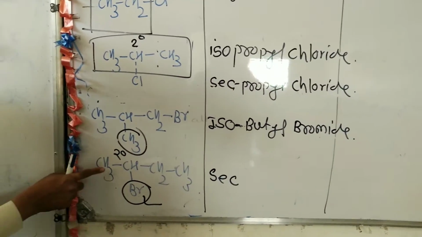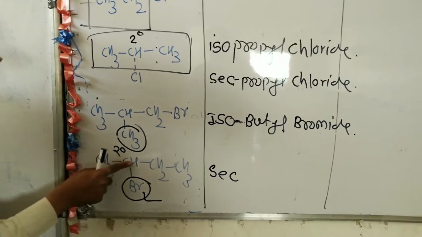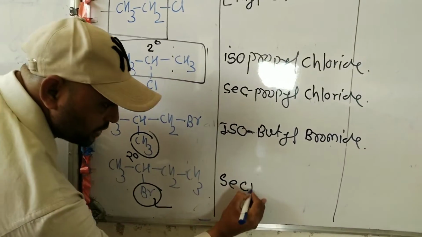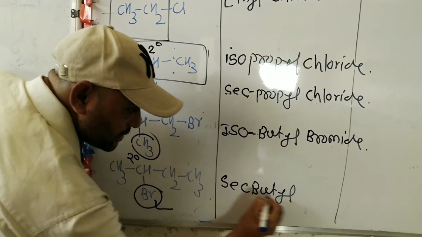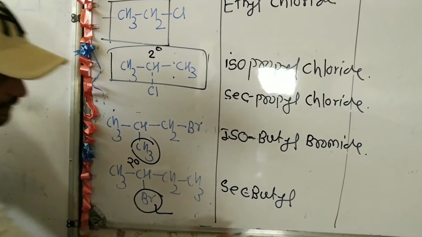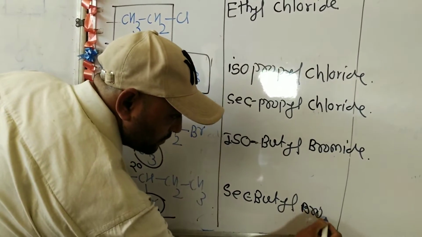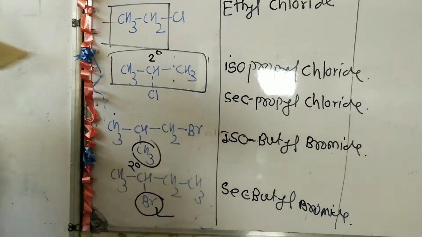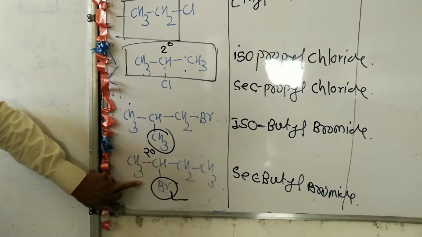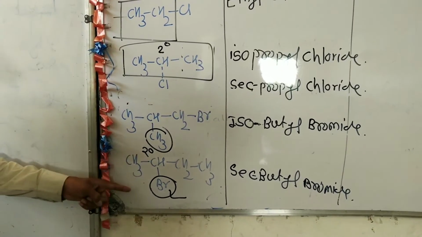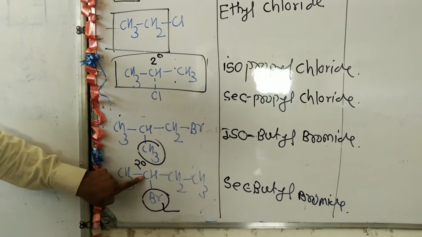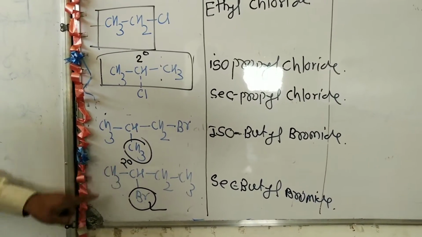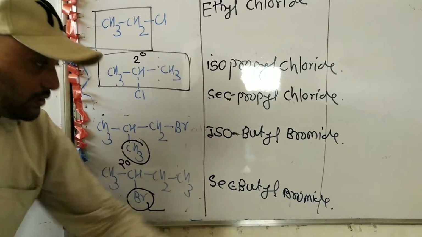And 4 carbon group, 1, 2, 3, 4. That's why it is butyl. Secondary butyl bromide. So why is this called secondary butyl bromide? Because our bromine is attached to the secondary carbon, that's why it is called secondary butyl bromide.